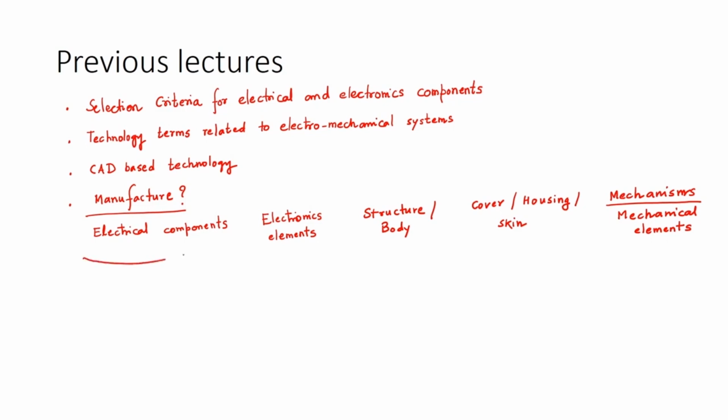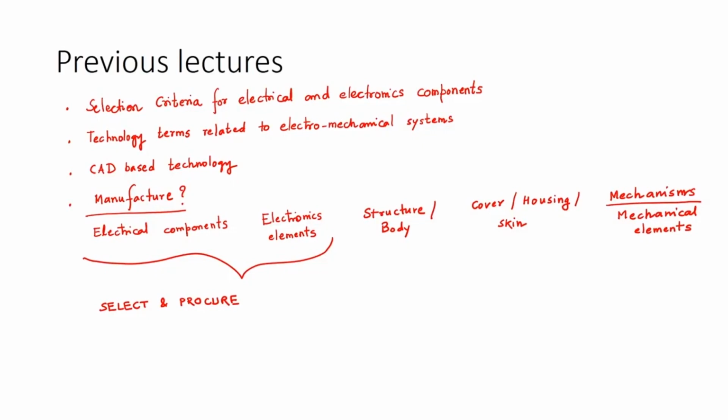The electrical components and electronics elements we have to select based on our requirement and then procure them. So, standard parts which are available such as the electrical drives, various sensors, actuators, signal conditioning devices, microprocessors, all memory elements, all these elements the designer has to choose and the company has to purchase from the market.